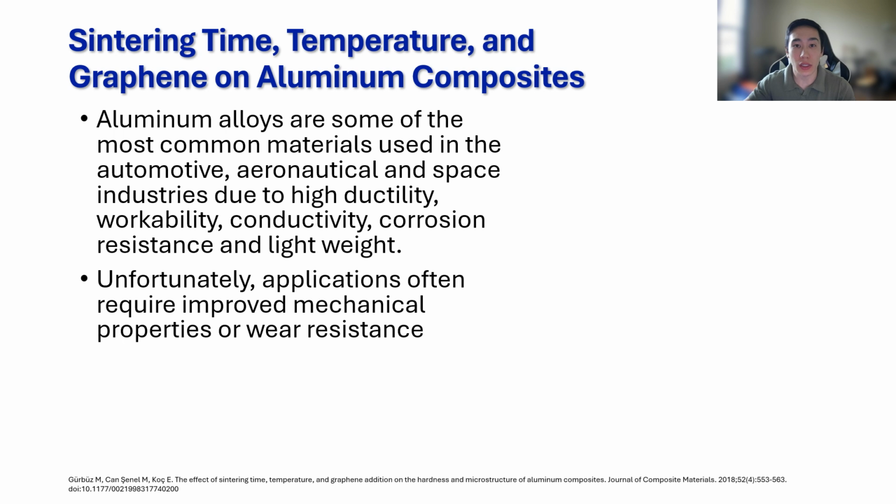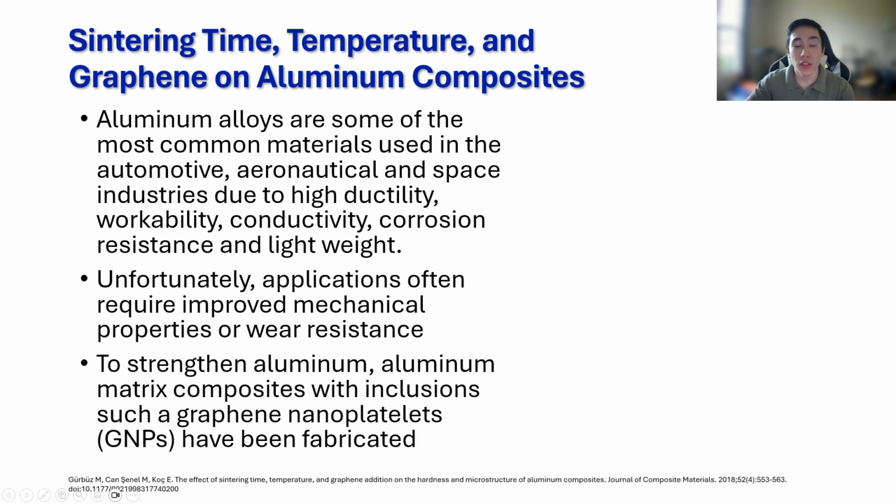As you probably know, aluminum is extremely common in the aerospace and automotive industries due to its preferred strength-to-weight ratio, manufacturability, corrosion resistance, and non-toxicity, unlike materials like cadmium or chromium. Unfortunately, its strength and wear resistance can be a limiting factor for some of the applications where it would be desired to be included. To overcome this, research is being done into designing aluminum matrix composites with dispersed graphene nanoplatelets to increase the strength and hardness of the material.